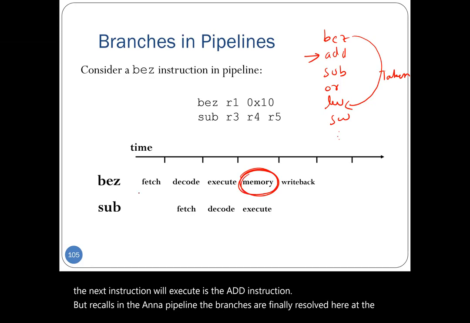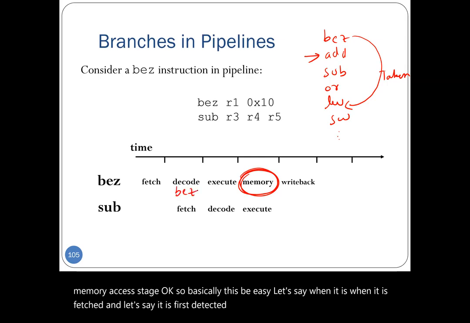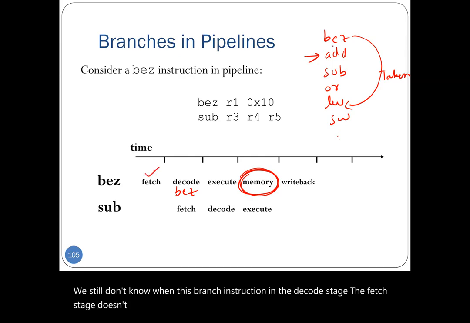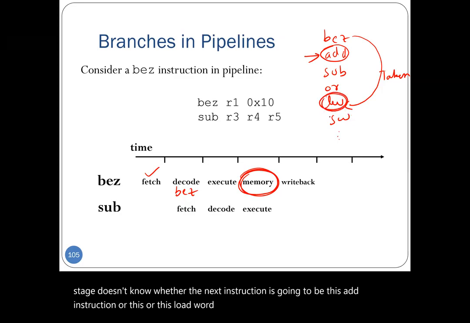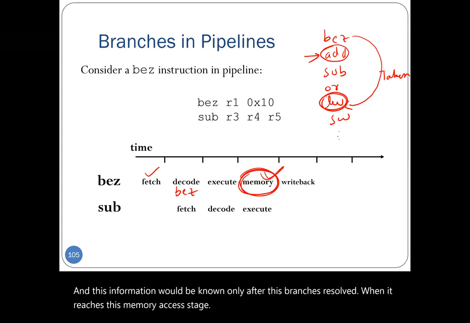Let's say when this BEZ is fetched, it is first detected that we have a branch instruction in the decode stage. We still don't know, when this branch instruction is in the decode stage, whether the next instruction is going to be this add instruction or this load word instruction. This information would be known only after the branch is resolved, when it reaches the memory access stage. So this is the problem, this is the control hazard.